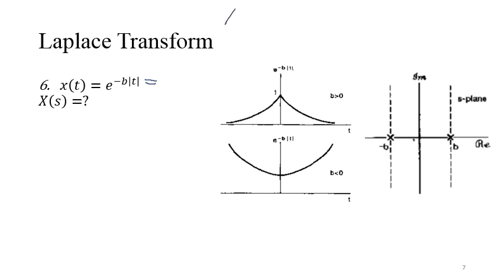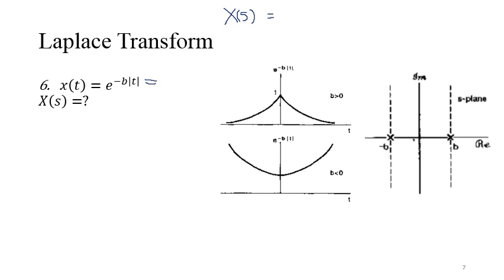We know X of s equals the integration, and because this has an absolute value, whether t is positive or negative matters. For negative t, the absolute value is positive, and again it's negative.